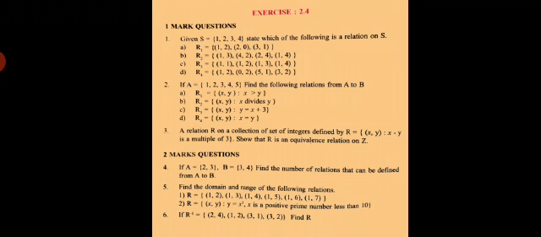Similarly, go for R2. Just try yourself. These elements must all be there in set S. Other than 1, 2, 3, 4, if 0 or 5 is there, then it will be excluded.